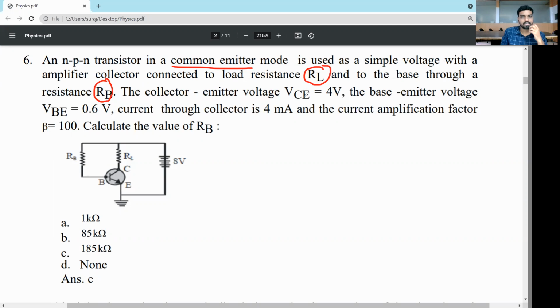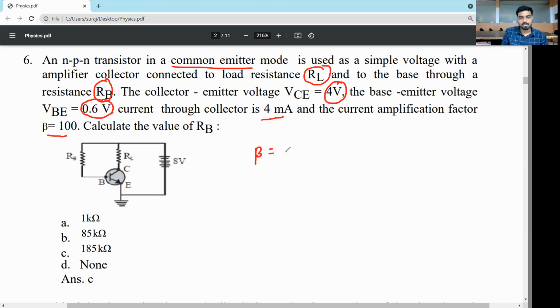The collector emitter voltage is 4 volts. This is output voltage. And the base emitter voltage, this is input voltage, is 0.6 volt. Current through collector, this is output current. The current amplification factor beta is 100. Calculate the value of RB. See, beta is equal to, what is that, current amplification factor?